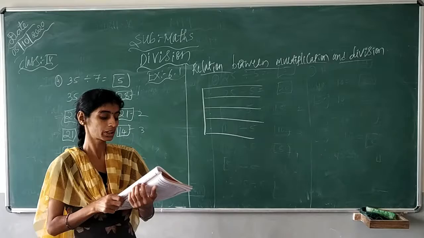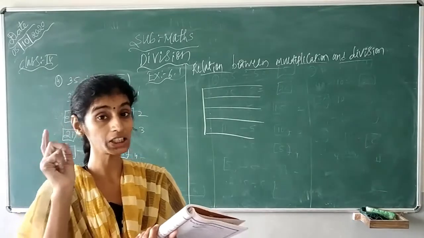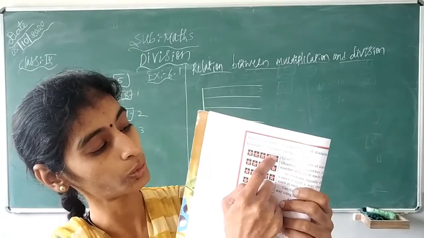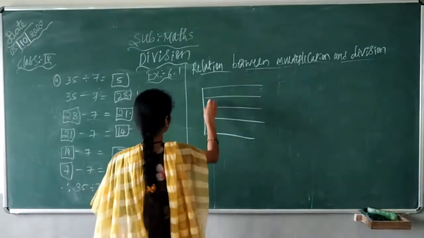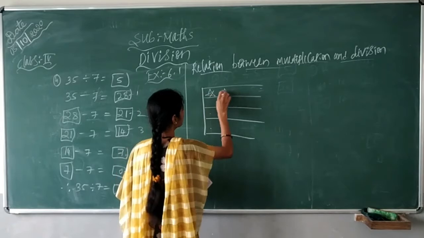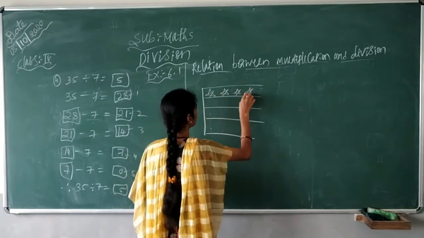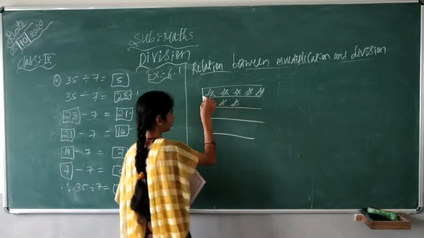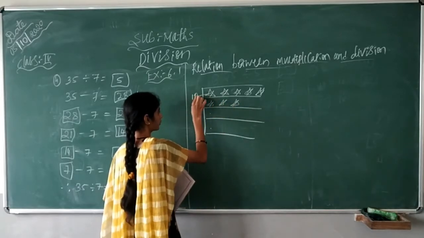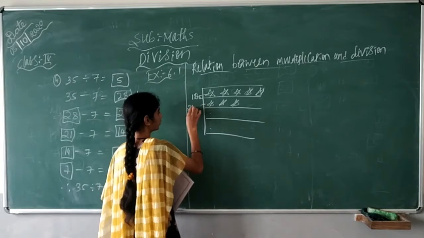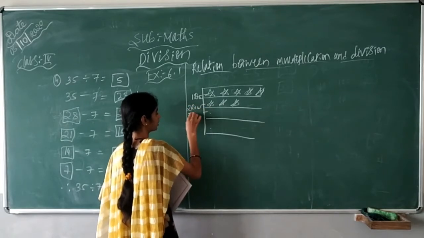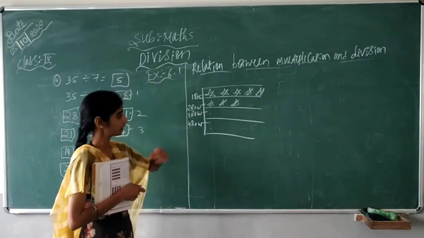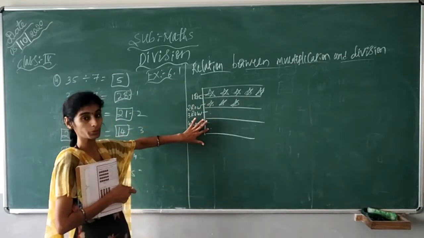Then you have to count the number of stars in each row. So each row means 1, 2, 3, 4, 5. In each row, how many stars are there? 1, 2, 3, 4 and 5. So how many rows? First row. This is the second row. This is the third row. This is the fourth row. So total how many rows are there? 1, 2, 3, 4.